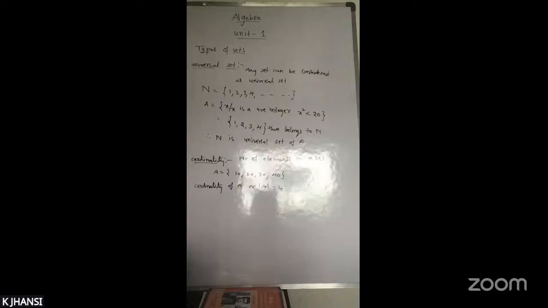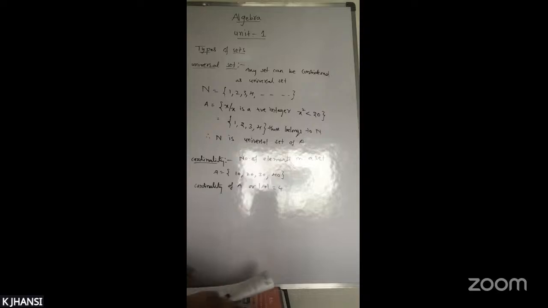Not only for natural numbers, for any numbers we have these operations: we do addition, subtraction, multiplication, and division. Similarly, for sets we have operations, called union, intersection, difference, and complement. These are called set operations.